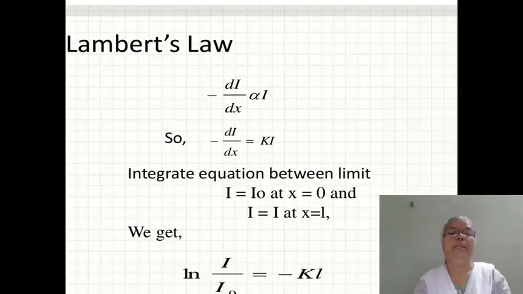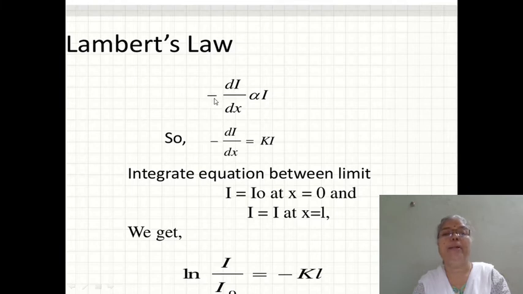Again, we summarize the mathematical part of Lambert's law here. According to the mathematical expression of Lambert's law, the rate of change of intensity of incident light is proportional to the intensity. The negative sign is for the rate of change of intensity of incident light with thickness, which decreases.